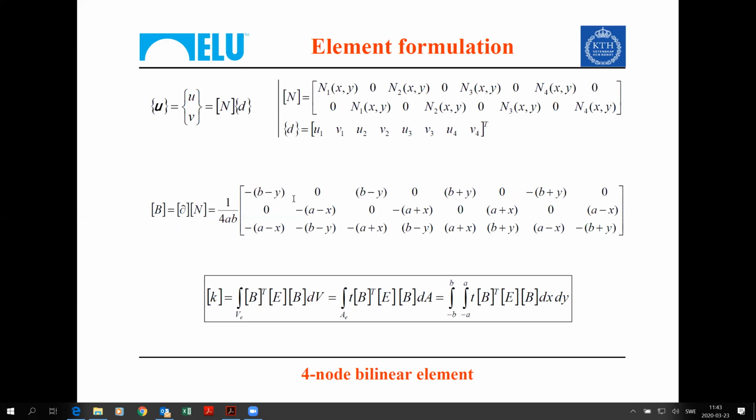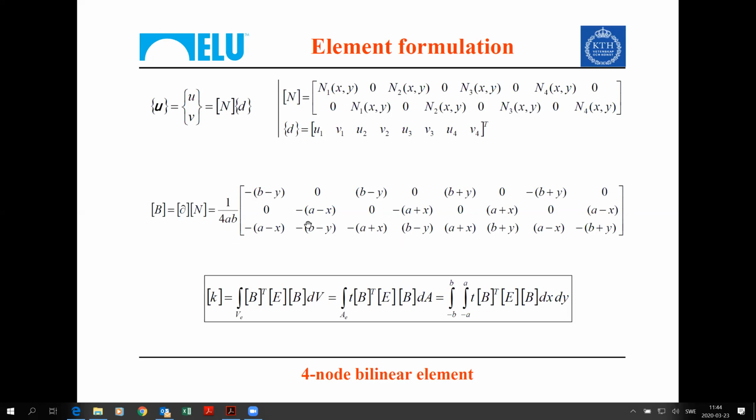Minus (b minus y), (b minus y), (b plus y), minus (b plus y). These are the derivatives with respect to x of the shape functions N1, N2, N3, N4. Here, on the second row, we will have the derivatives with respect to y of whatever is on the second row.